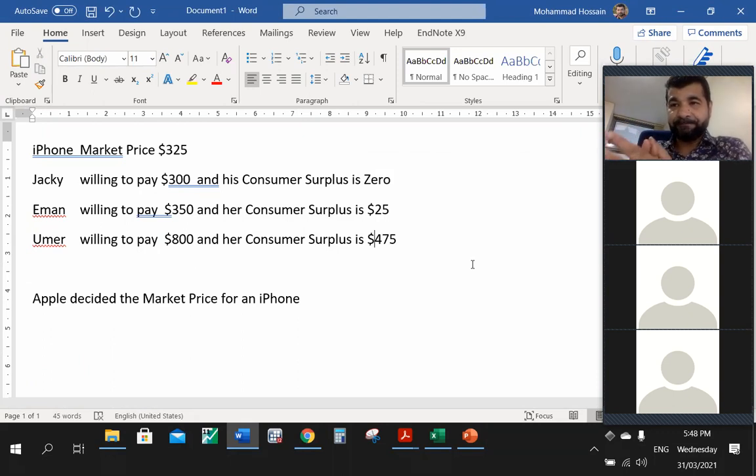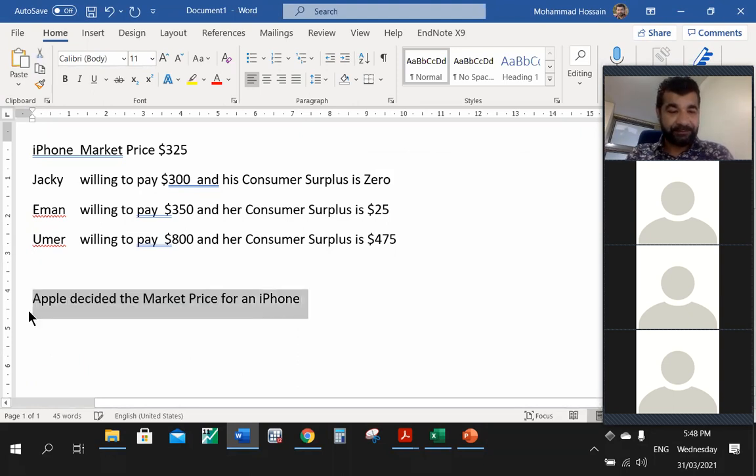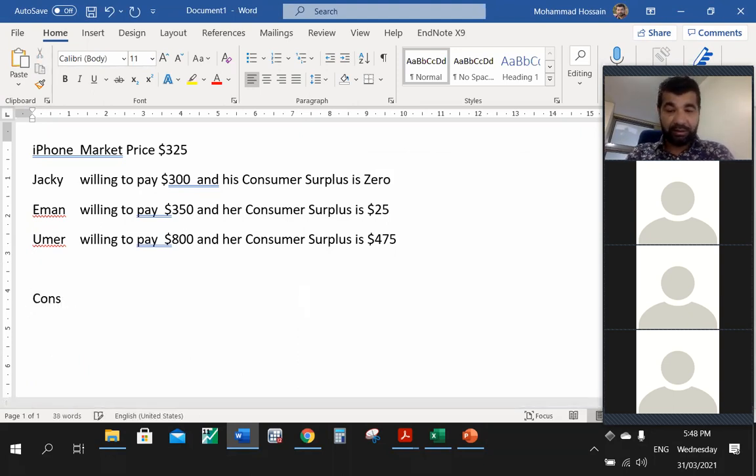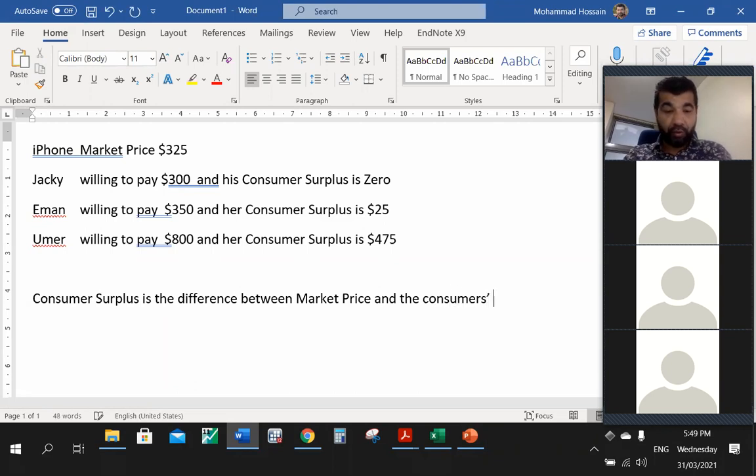Make sense? So how do we get it? Consumer surplus is the difference between the market price and the consumer's willingness to pay for the product.